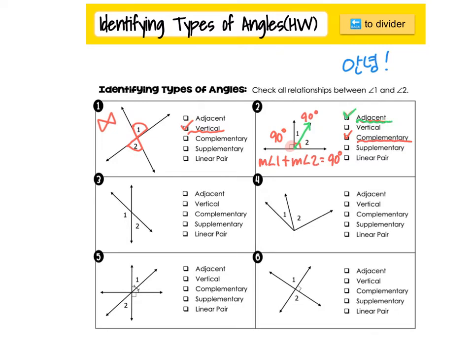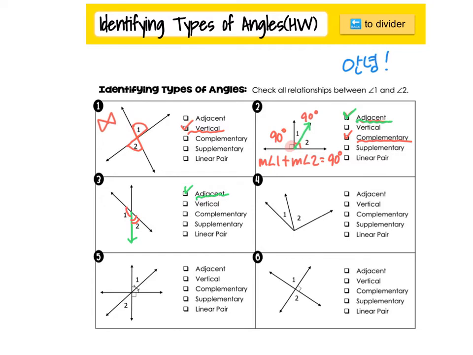And number 3, we have angle 1 and angle 2. You can already tell they are sharing the common side, so it is adjacent angles. What else can you tell? All right, so they have angle 1, angle 2 on top of the straight line.